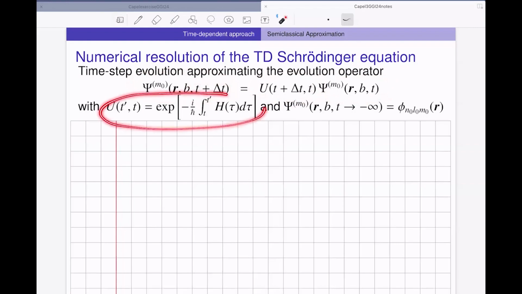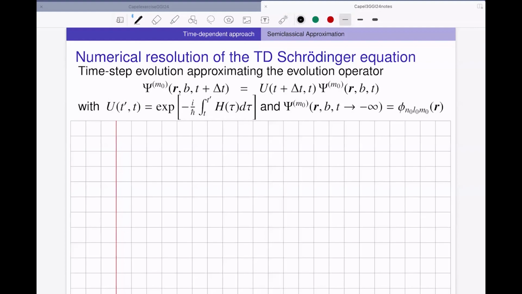And the evolution operator is just the exponential of the integral of the Hamiltonian. However, building the exponential of an operator is not an easy task.